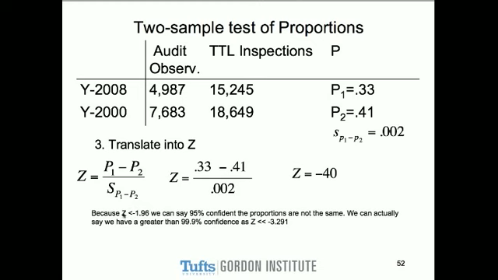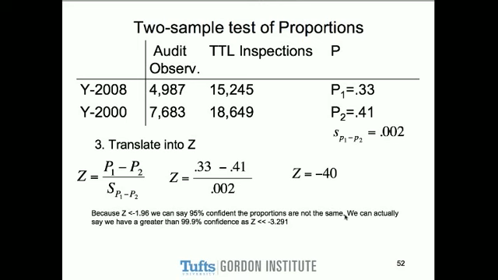All right. And because our value is less than minus 1.96, we can say we're at least 95% confident that the proportions are not the same, okay? So we would reject the null hypothesis that P1 is equal to P2.